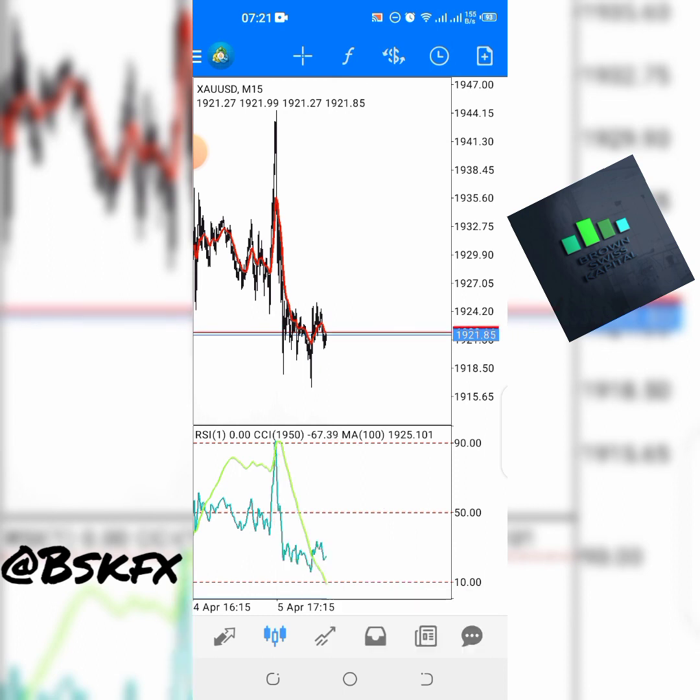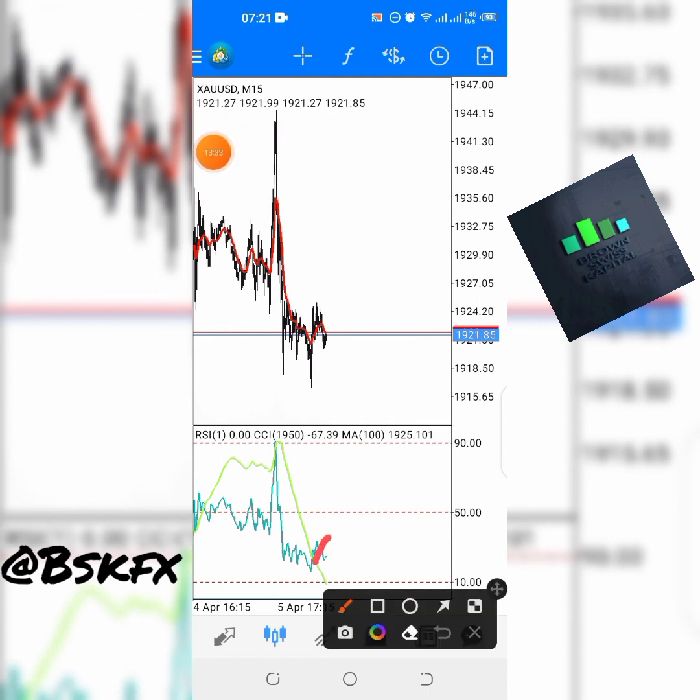We don't want it to be this way, with the EMA touching and being the one cutting the CCI. No, we don't want that. We want this CCI to move nicely, come to the 10 level, and with the EMA in front, then it cuts it. Clean setup. Don't go for choppy setups.